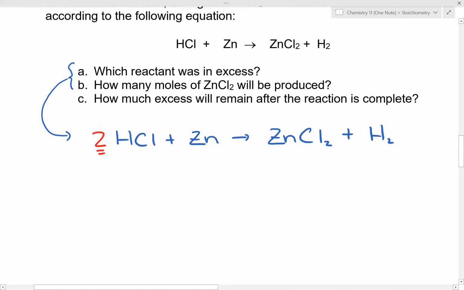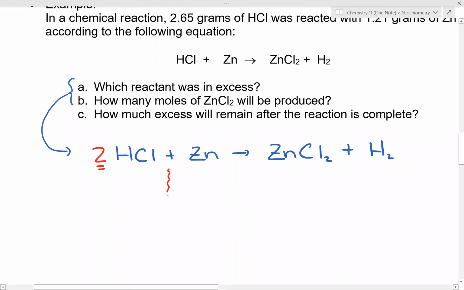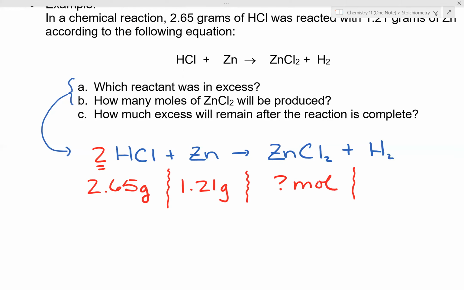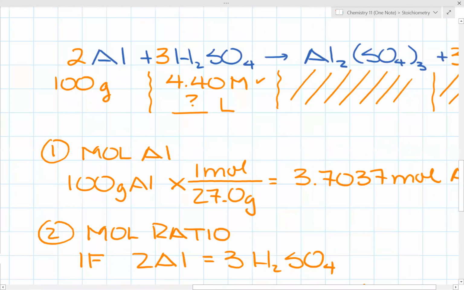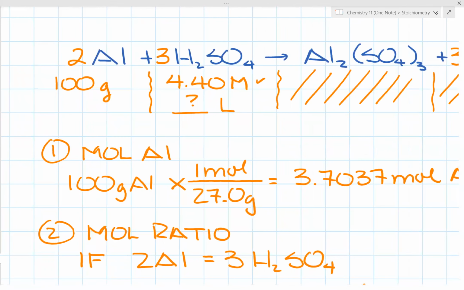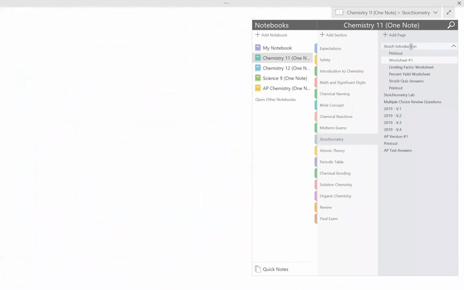Then the setup is very similar to what we had done before: 2.65 grams of HCl, and 1.21 grams of zinc, and they want to find the number of moles of zinc chloride. So far, there's nothing new. But where is the difference?